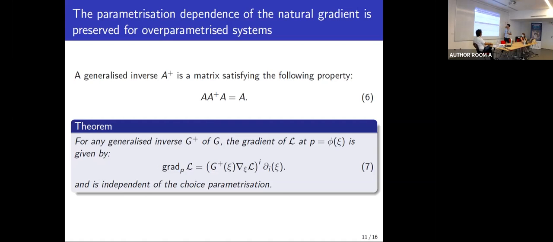Our main result then says that for any generalized inverse of G, for example also the Moore-Penrose inverse, we can still use the same formula as we saw earlier to calculate the gradient on the manifold. I would say that's quite an important result, because it's somehow reassuring that you can still use the natural gradient, for example within deep learning or any other overparameterized setting.